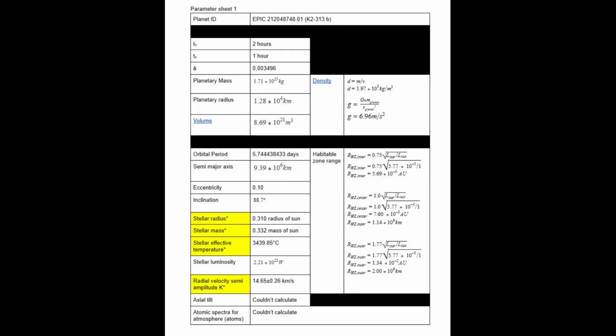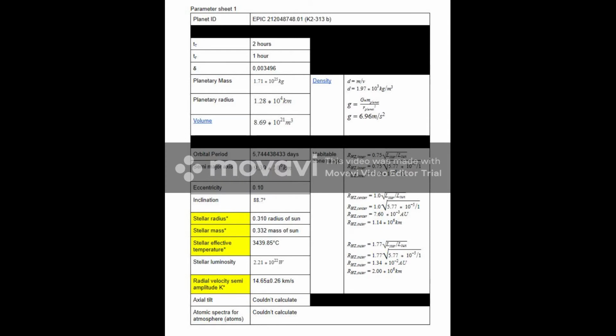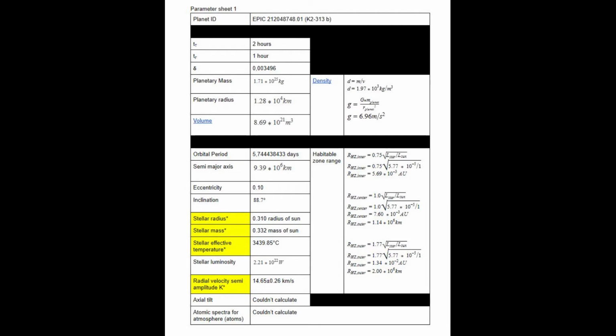The stellar effective temperature, so the temperature at the surface, is around 3,439.85 degrees Celsius. The stellar luminosity, the luminosity generated by the sun.